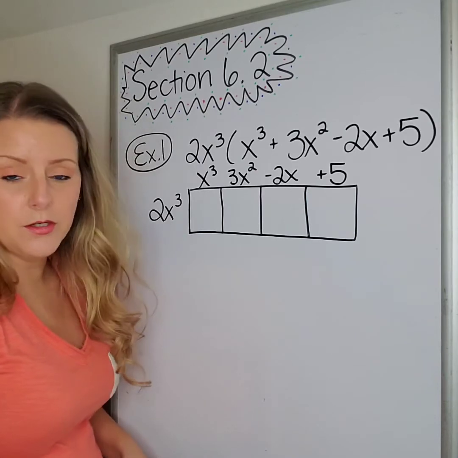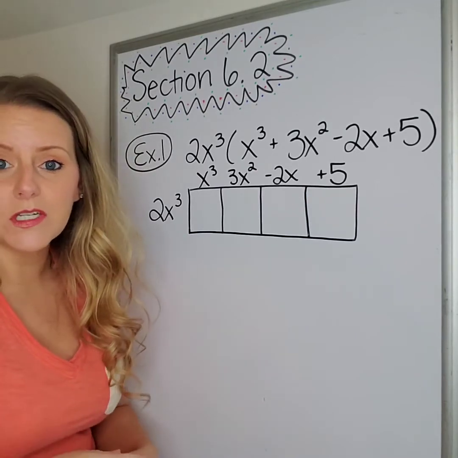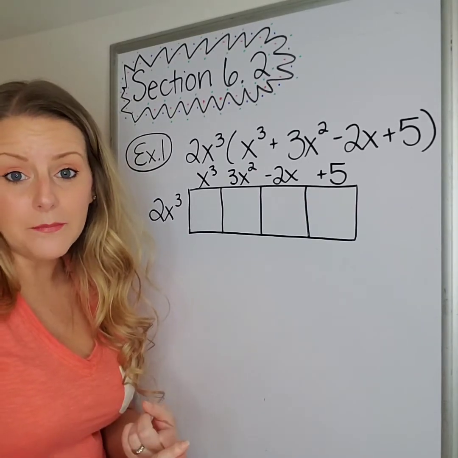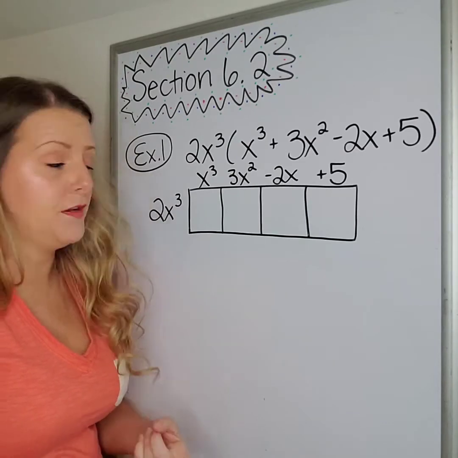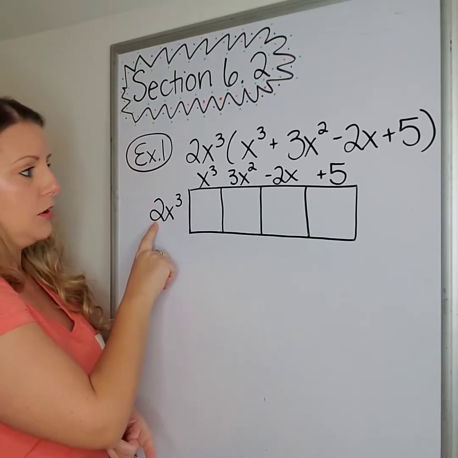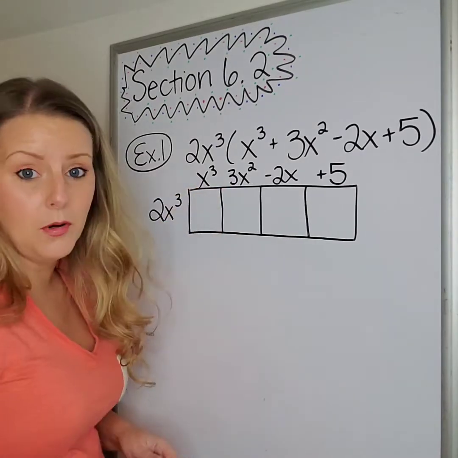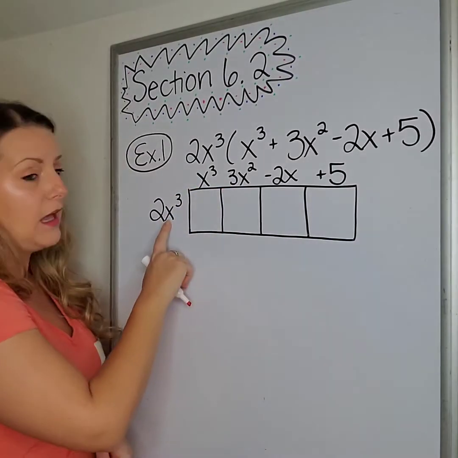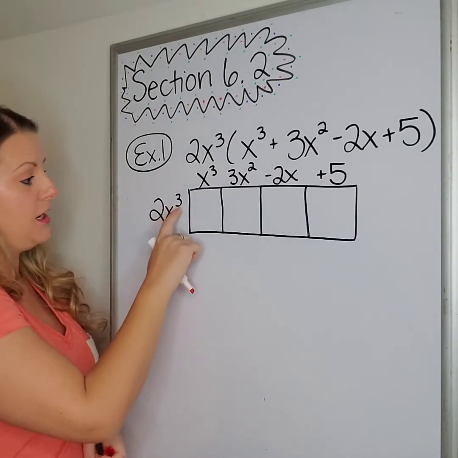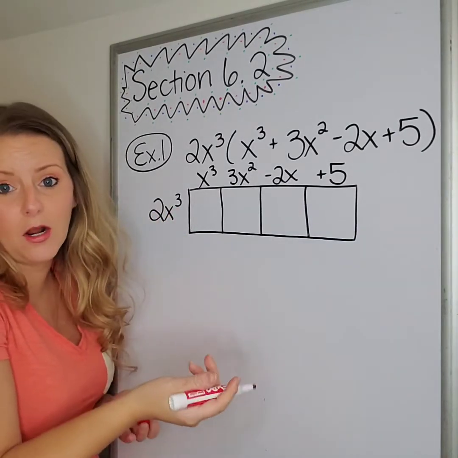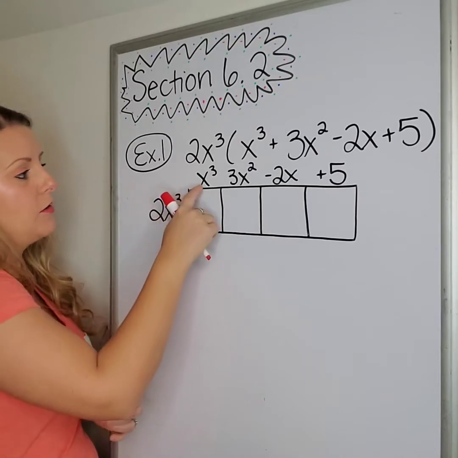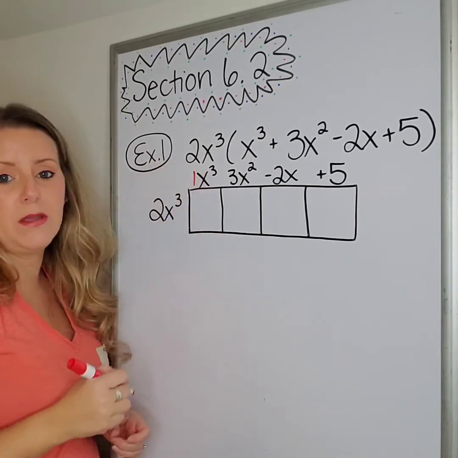And now what you're going to do is you're going to use this rule. You're going to multiply the big numbers, meaning the coefficients, the big numbers in front. So like the 2 here, or the 3, or if it's missing a number, you can put in a 1. So every letter should have a coefficient and an exponent. If it doesn't, it's automatically a 1. So like here, there's no coefficient, so we know it's a 1 and we can put that in there.